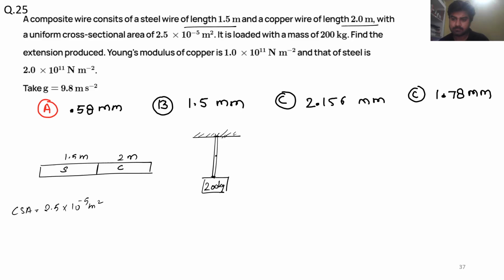That means the force on these wires will be 200 g, or you can write 2000 newtons. Now find the extension produced. Due to this force, these wires will extend. So that extension, delta L, the change in length, we have to find. Young's modulus for both is also given. Let's find it.